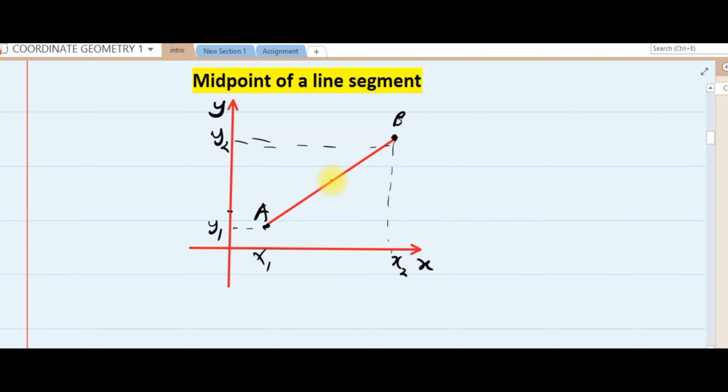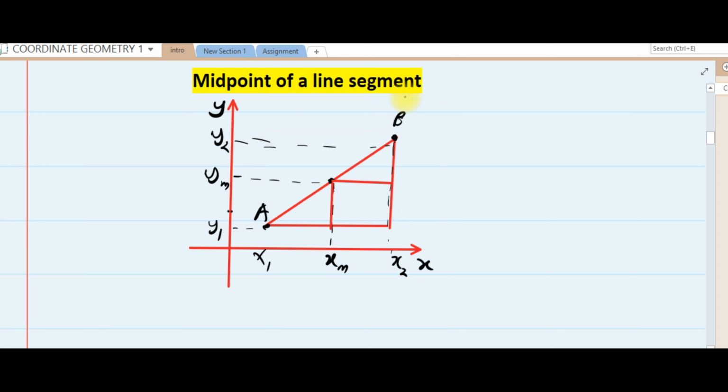So let's call the coordinate of the middle x sub m and y sub m. So we want to know x sub m and y sub m. So what we note here, we formed a couple of right angle triangles with this. Also this.